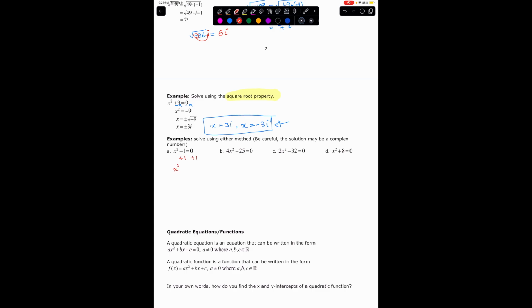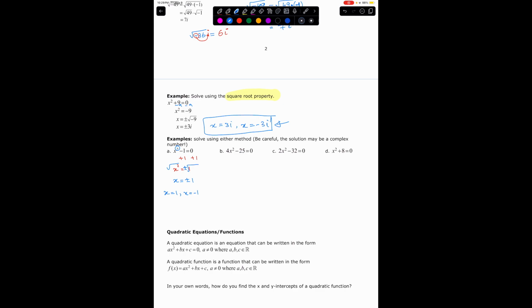We get x squared equals 1. I'm going to take the square root of both sides. Don't forget positive, negative square root of 1. The left-hand side is going to be x equals positive or negative 1. So the solutions are x equals 1 and x equals negative 1. Don't forget, quadratic is second degree, so it must have two solutions. It could have one, but most of the time it will have two solutions.